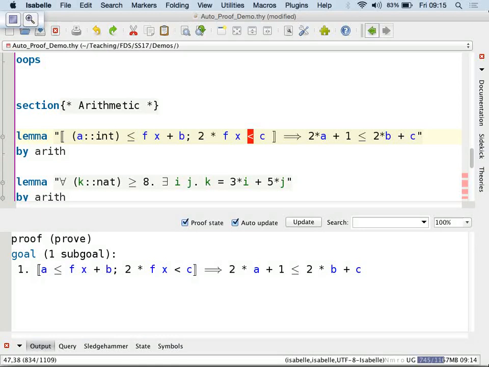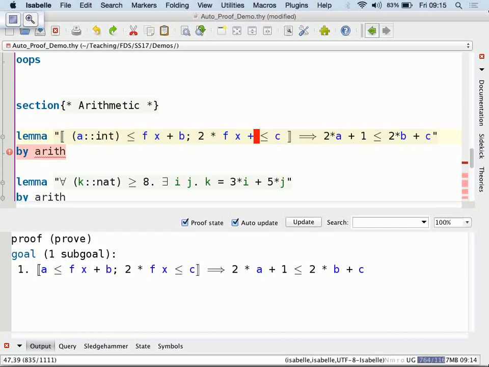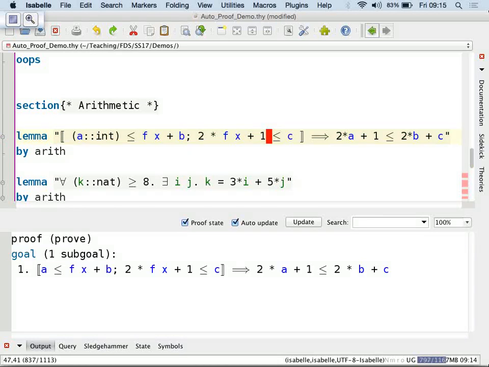But what kind of trick are you playing there? If I rewrite this, that's perfectly okay. Yes, that's the same thing. But how do you now combine these two? You want to substitute what for what? On the conclusion side, I would substitute A for fx plus b.